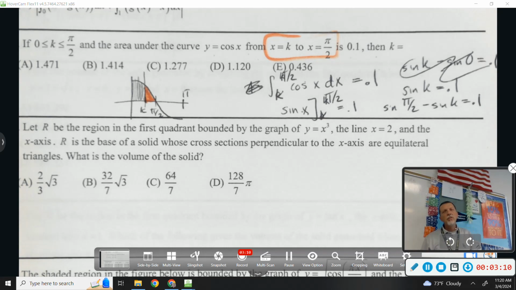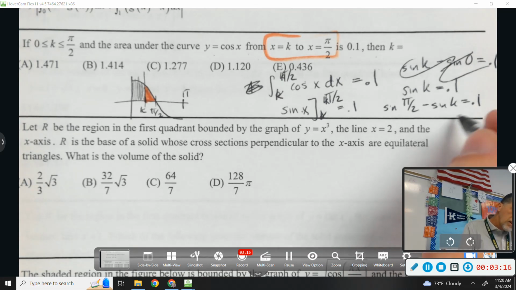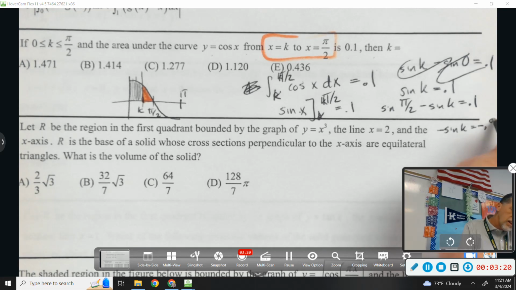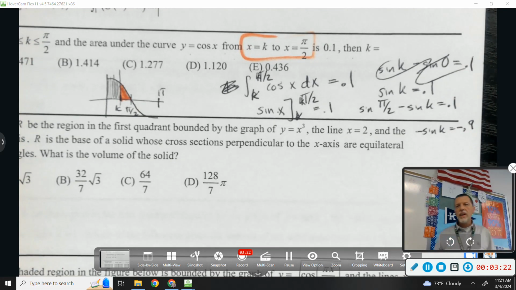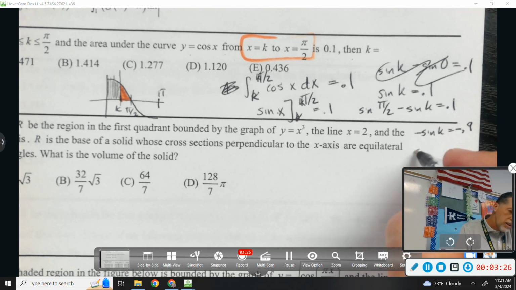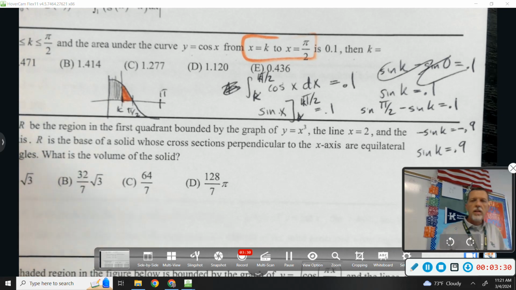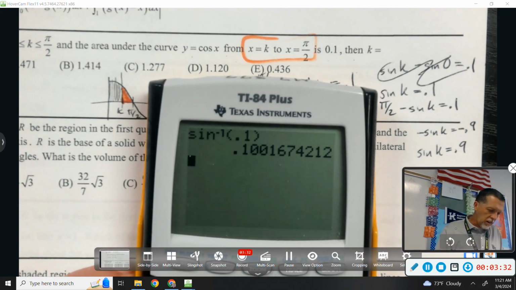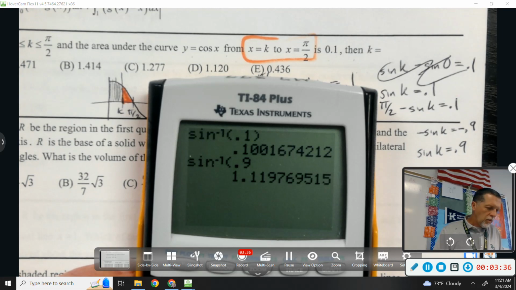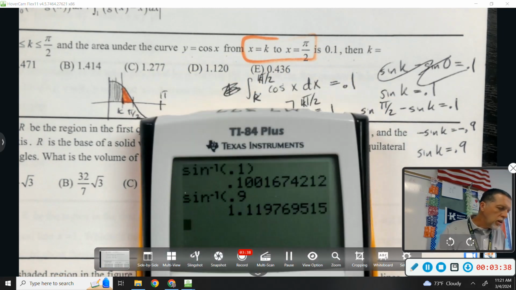Sine of pi over 2 is 1, although you have a calculator, so you could do that if you needed to. So if I subtract the 1 over, negative sine of k is equal to negative 0.9. So sine of k is equal to 0.9. So now back to the inverse sine of 0.9 instead. 1.120.